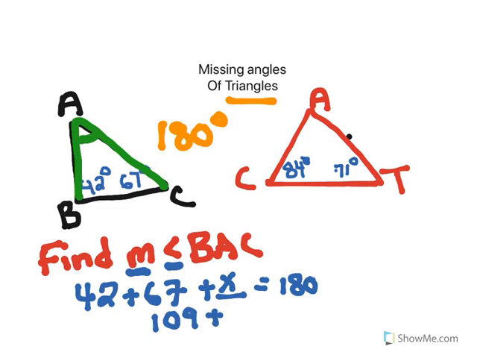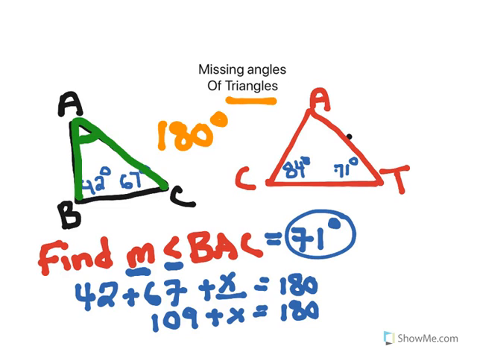So I'm looking to see what adds to 109 to get me 180. I could just subtract those, 180 minus 109, and I get that the measure of angle BAC is equal to 71 degrees.